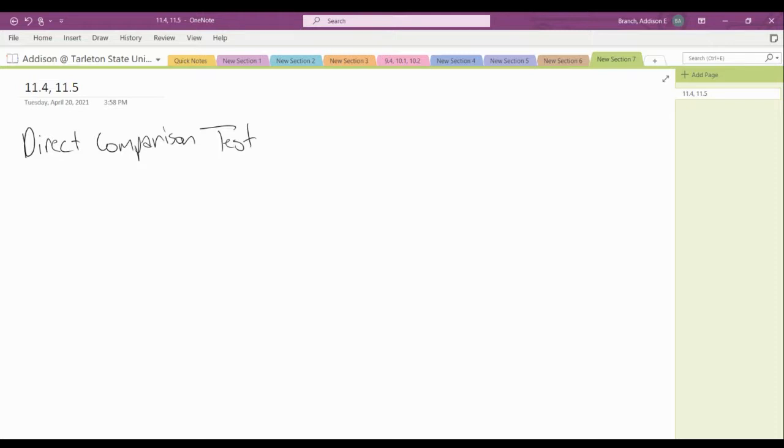So under the direct comparison test, the first thing we have to do is make sure that both A and B are series of positive terms.